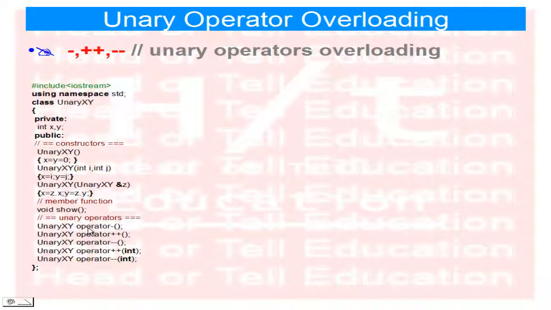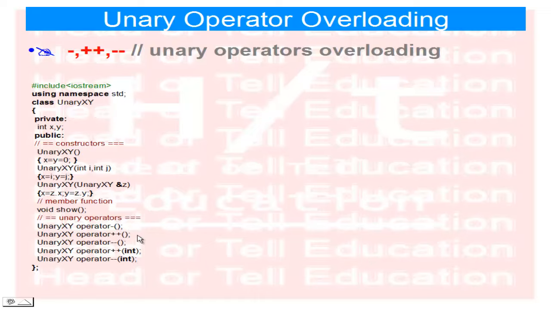I have created the operator minus function, semicolon, operator plus plus function, semicolon, operator minus minus function, semicolon, and operator plus plus with integer, semicolon, and again operator minus minus with integer, semicolon.